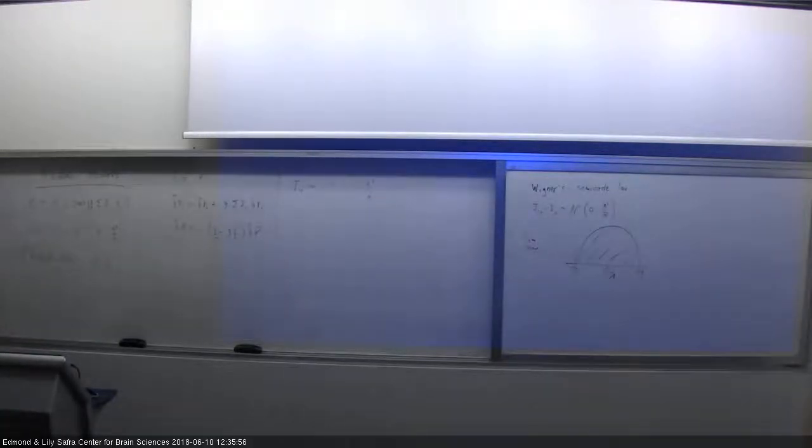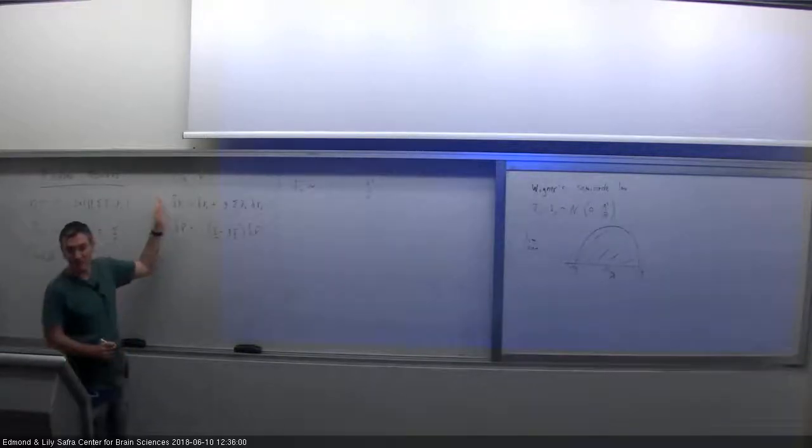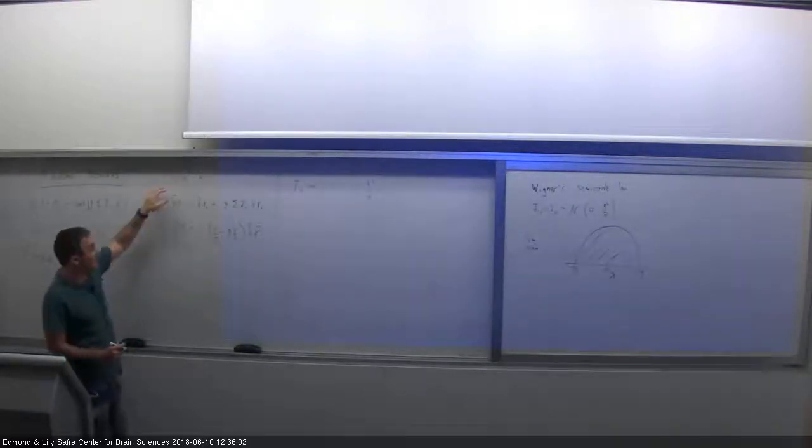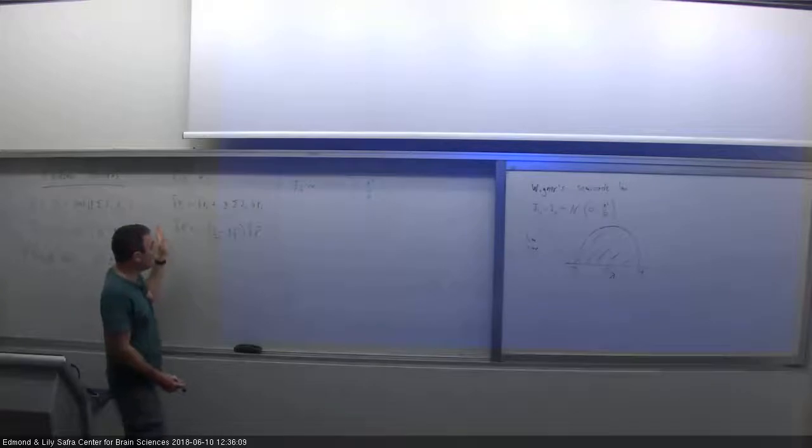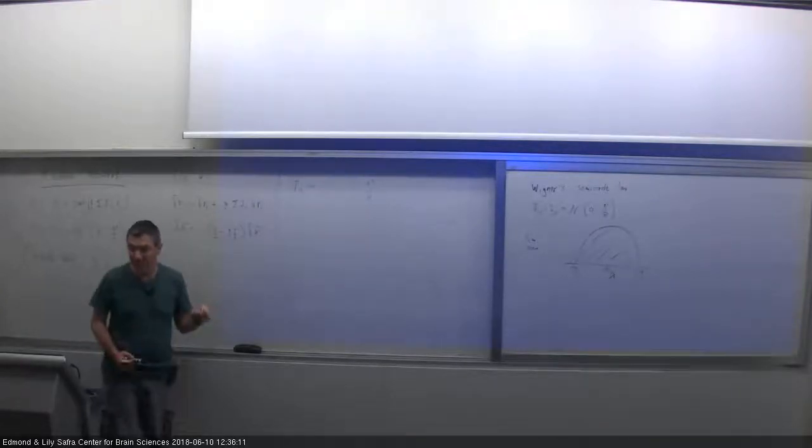Now, again, a way to address this question would be to linearize the equation and to ask the question, when will the zero fixed point become unstable?